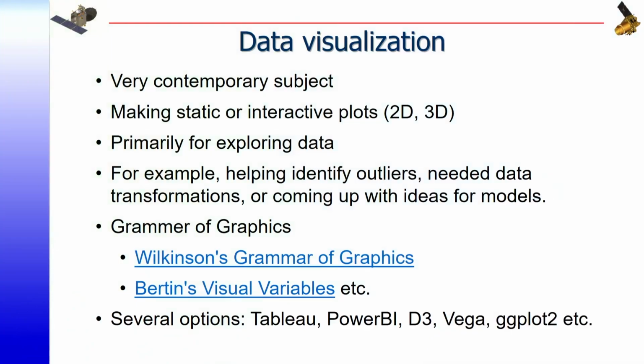This is done primarily for exploring the data that we have. So, as an application scientist, you may be having a lot of field data or a lot of satellite data. How we can explore the data in Python, how we can find out outliers or whether any data transformations are needed, such as any frequency domain transformation or any time domain transformation or transformation in log or polar coordinates and so on.